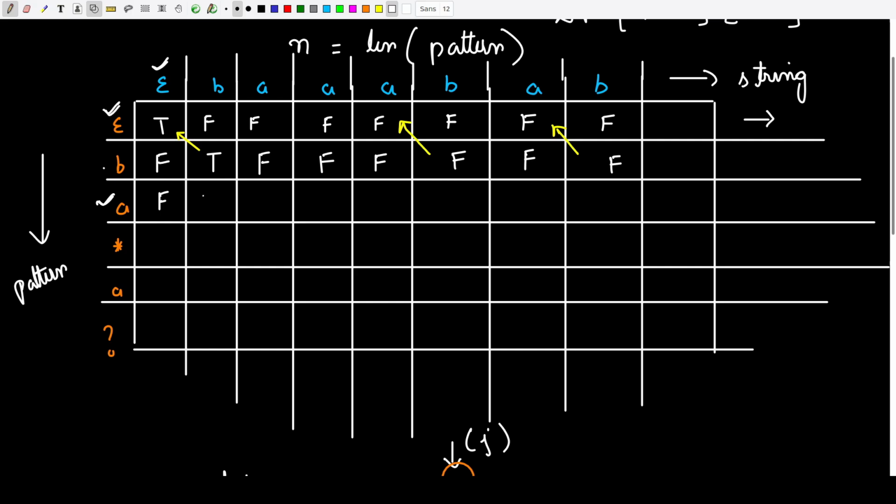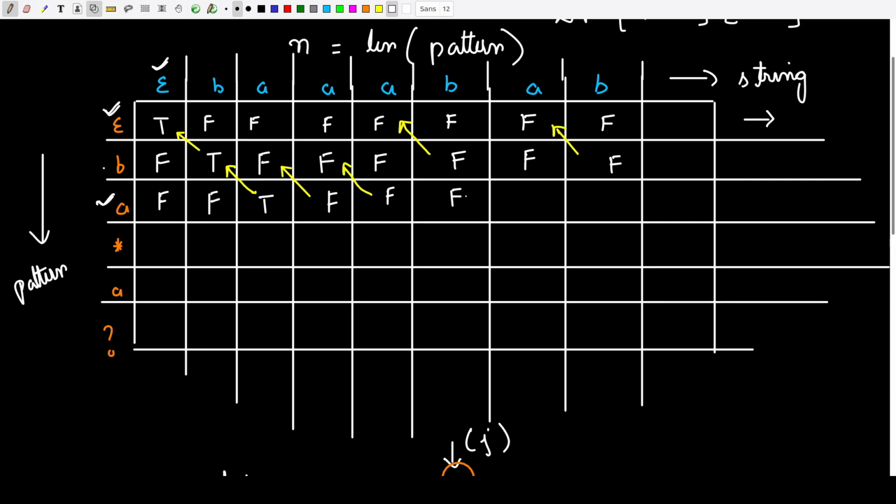A and B do not match, so false. A and A match, and since A and A match, we are going to look at this entry. Since this entry is also true, we are going to mark it as true. Again, A and A match, but this entry is false, because of which this will be false. And the same goes for this case as well.